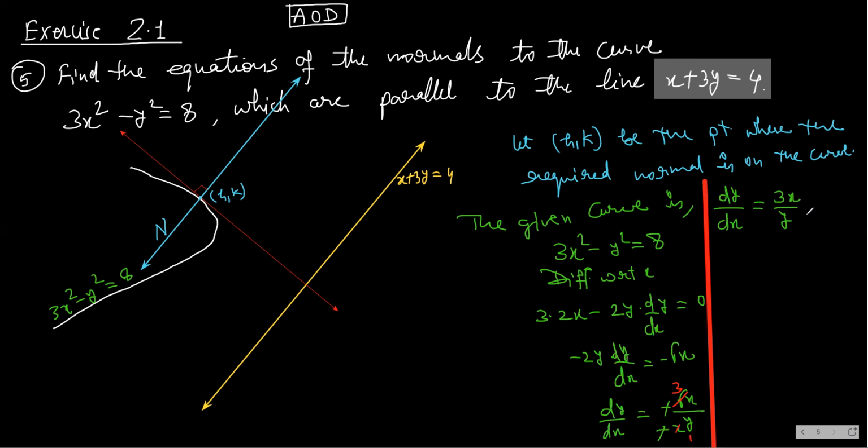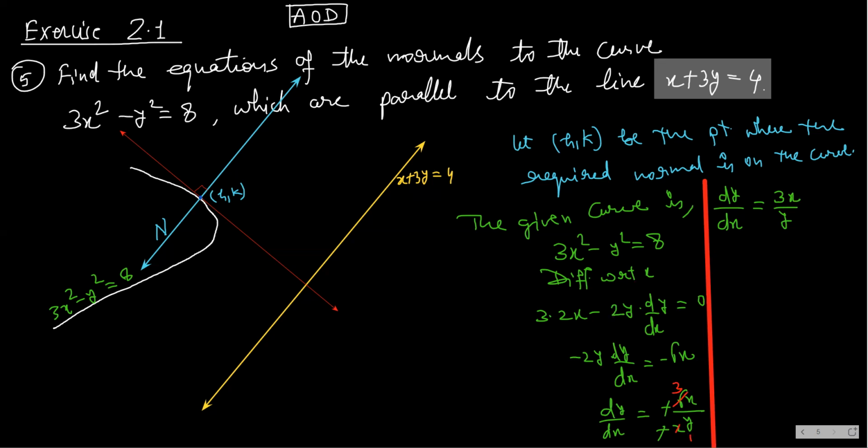Now I will substitute in this dy by dx the coordinates of the point of contact, h comma k. If I substitute the coordinates of this point, then what I get would be treated as the slope of the tangent.